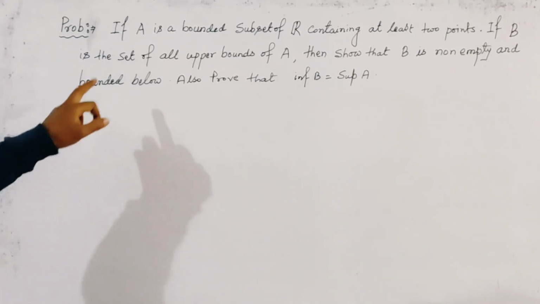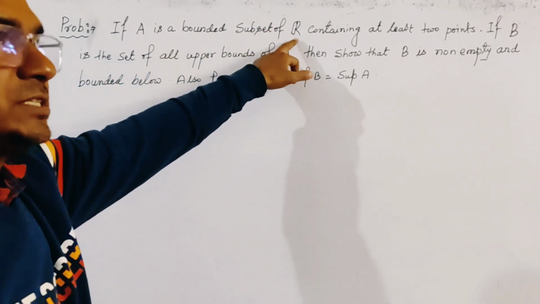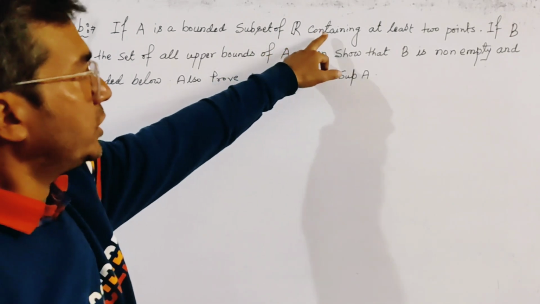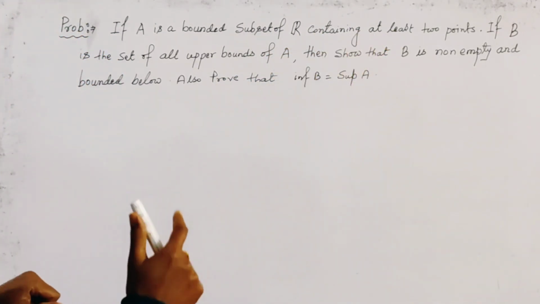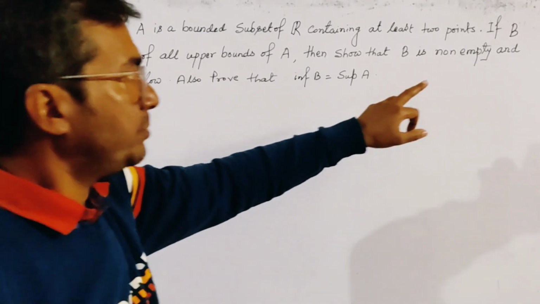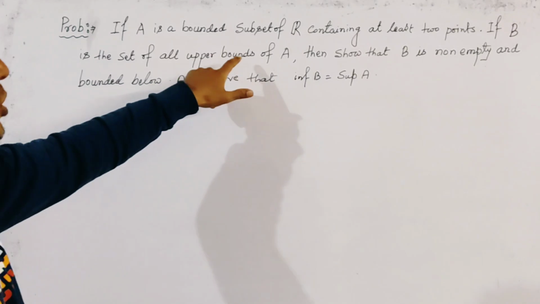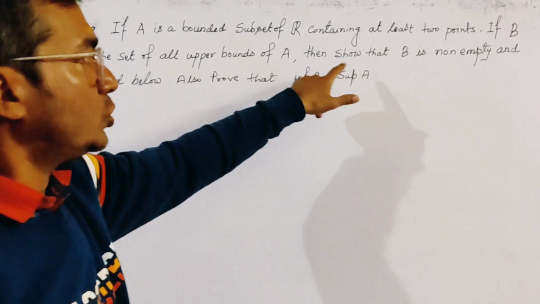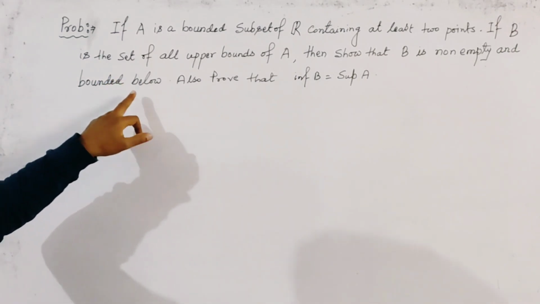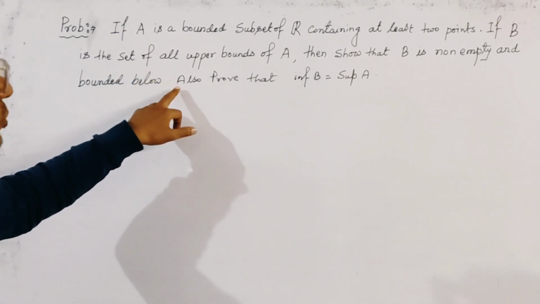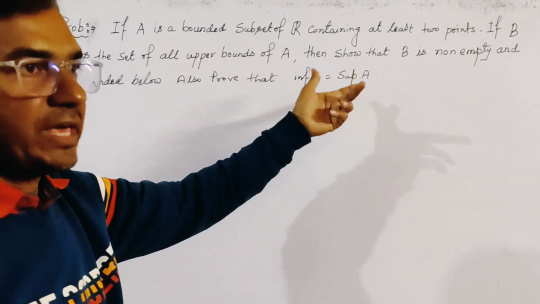This theorem says that if A is a bounded subset of reals, capital R, containing at least 2 points, and if B is the set of all upper bounds of A, then show that B is non-empty and also bounded below. And we have to prove also that infimum of B is equal to supremum of A.